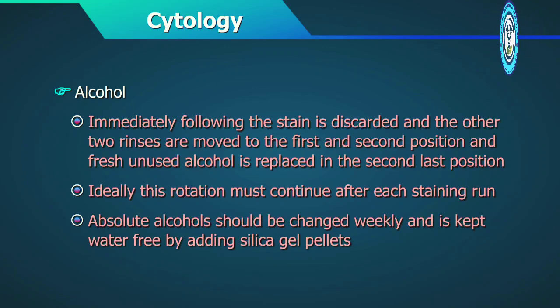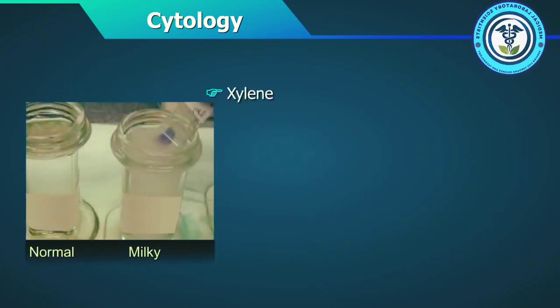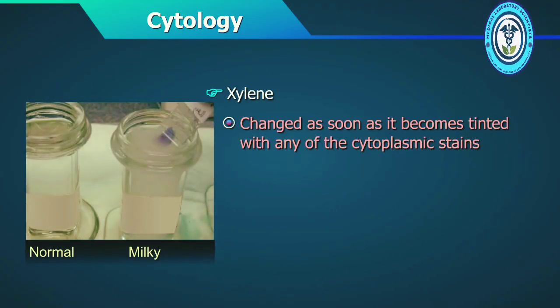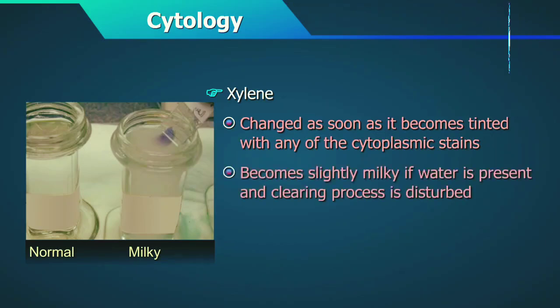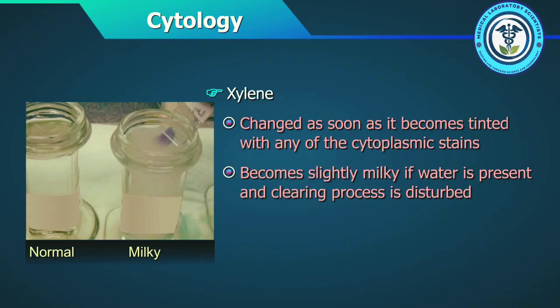The absolute alcohols should be changed weekly and can be kept water-free by adding silica gel pellets. Xylene should be changed as soon as it becomes tinted with any of the cytoplasmic stains. Xylene becomes slightly milky if water is present in it, and if so, the clearing process may be disturbed.